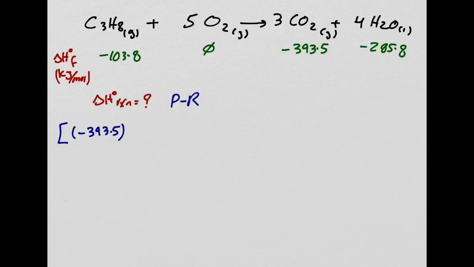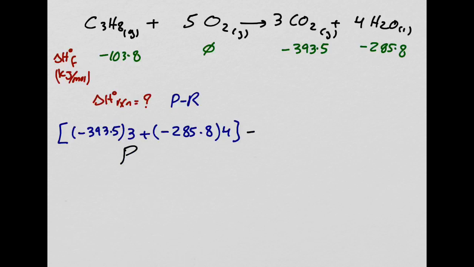I have to multiply it by the coefficient. Don't forget that. Plus, my water is negative 285.8 multiplied by the coefficient, right? Don't forget to multiply it by the mole ratio, right? Because the coefficient is the mole ratio. Because it's kilojoules per mole, so you have to multiply it by mole so the mole can cancel out. So that is all my product.